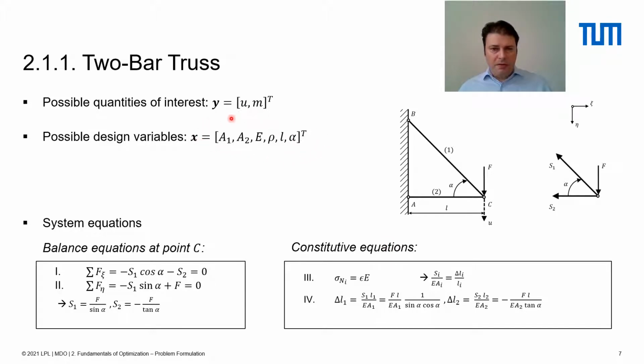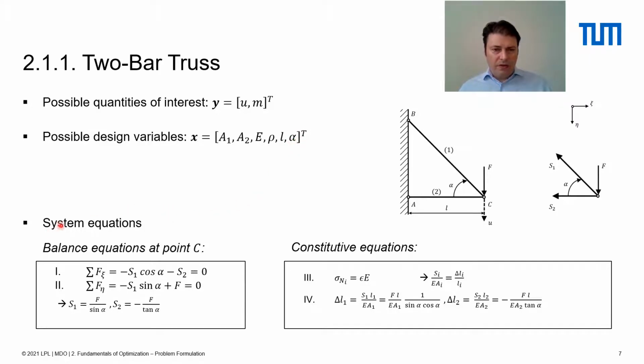So the possible design variables that we have available would be the cross-sectional areas of the two rods, Young's modulus, the density of the material, the reference length, and the angle alpha.